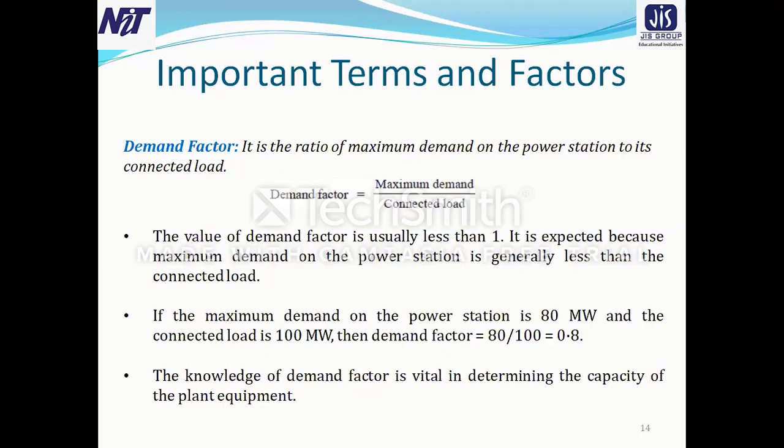As an example, if the maximum demand on the power station is 80 megawatt and the connected load is 100 megawatt, then the demand factor is maximum demand by connected load, that is 80 by 100, that means it is 0.8. The knowledge of demand factor is vital in determining the capacity of the plant equipment.